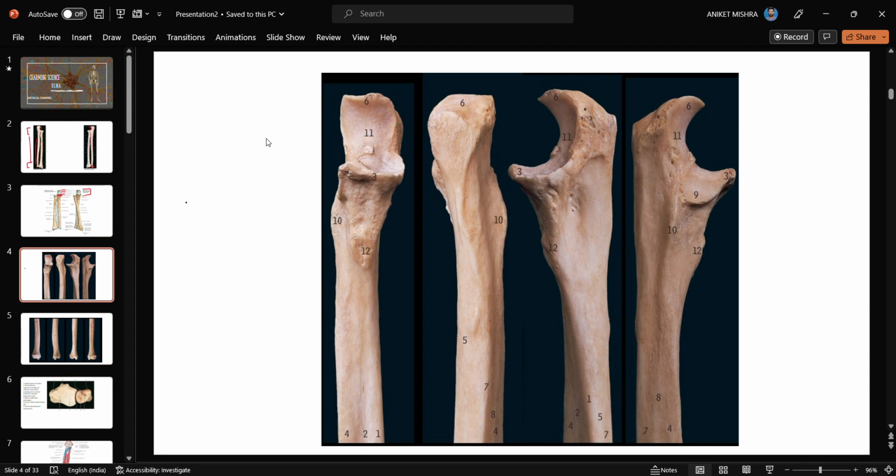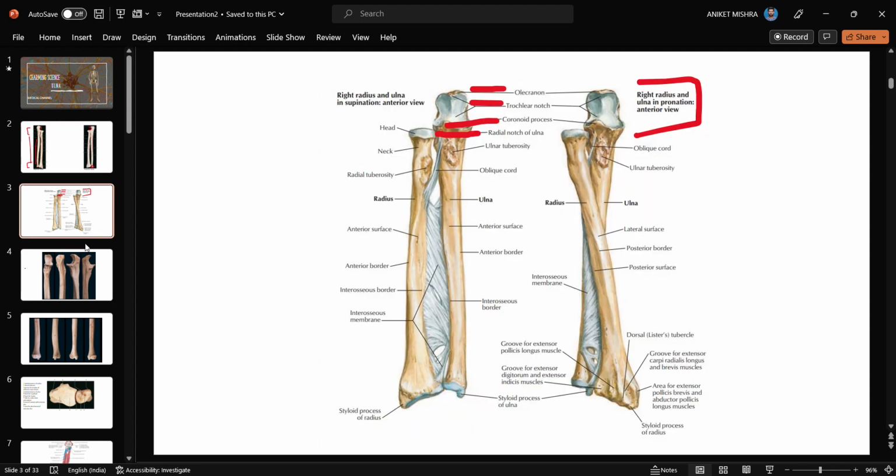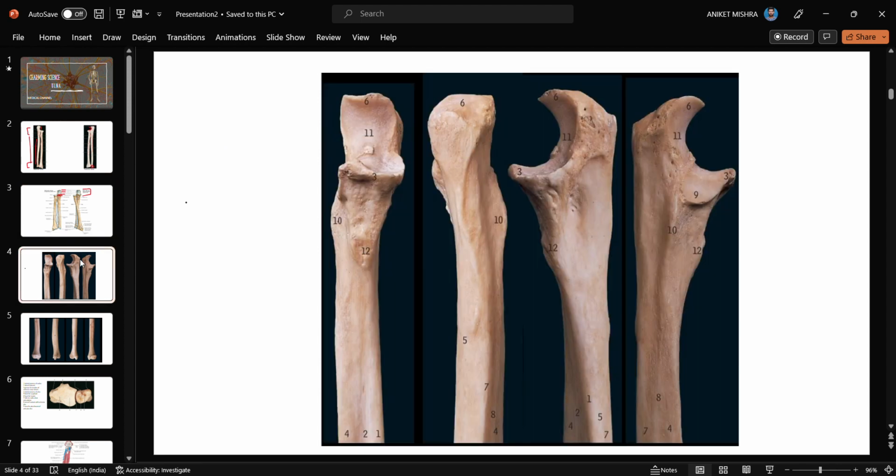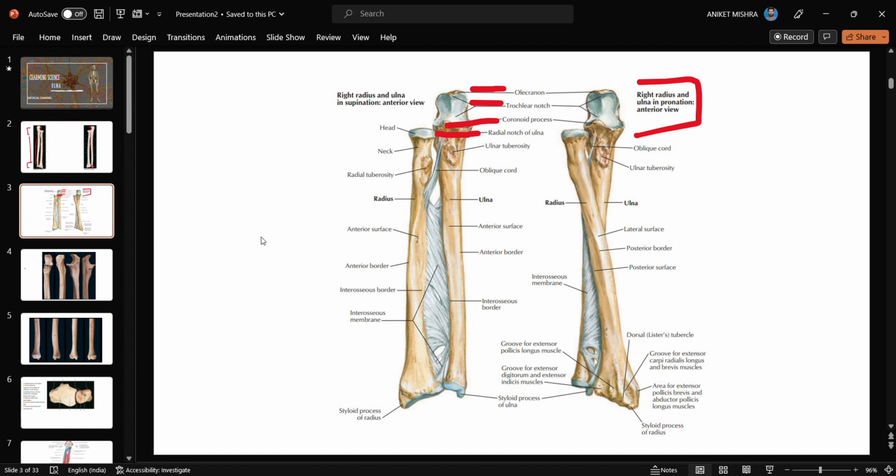We are going to see it in this view and in this view. The anterosseous border, or lateral border, is the sharpest.